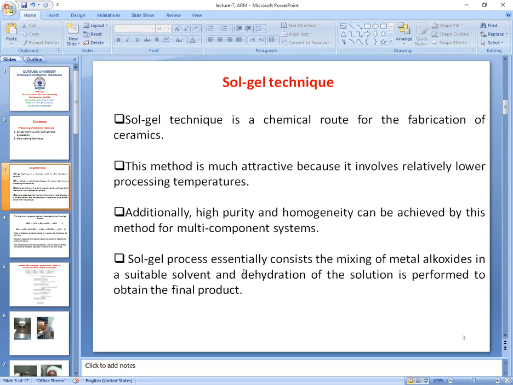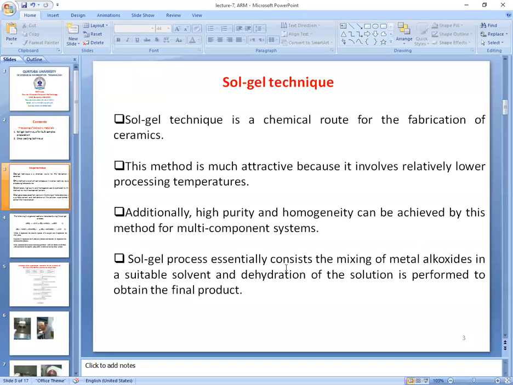Sol gel process essentially consists of the mixing of metal alkoxide in a suitable solvent, and dehydration of the solution is performed to obtain the final product. So in this method we have to make some solutions. In the last method, in the solid state method, we just mixed the ingredient powders and then we heat up.